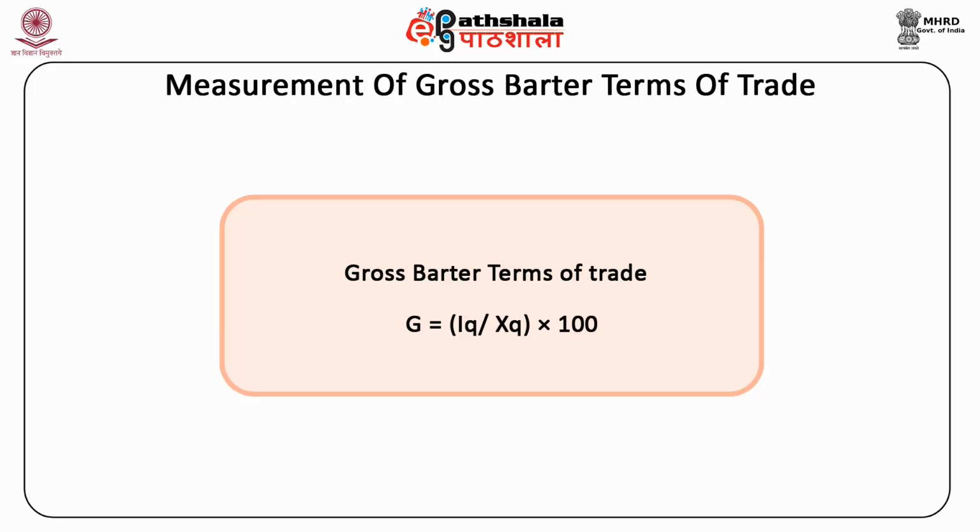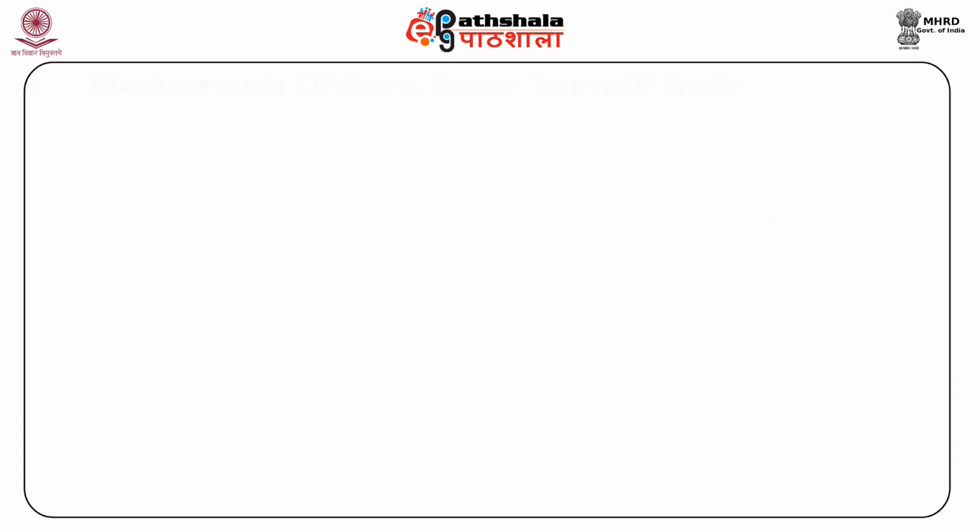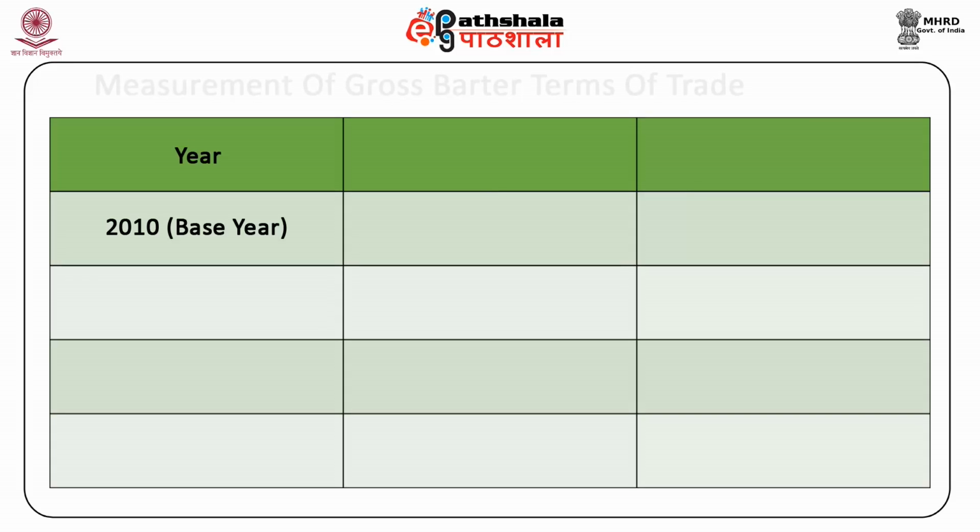We multiply the whole expression IQ upon XQ by 100 to get rid of the decimal. The quantity index of imports and exports for the base year, let us say 2010, will always be equal to 100.